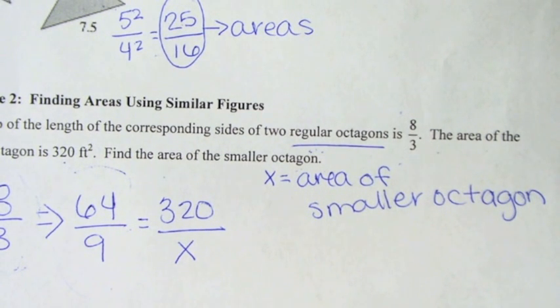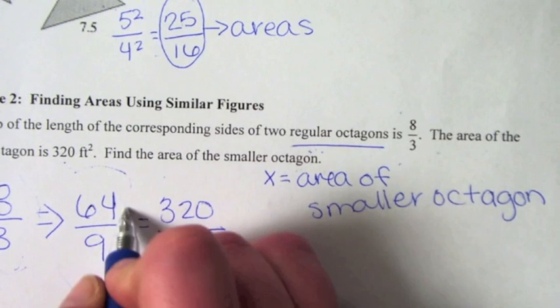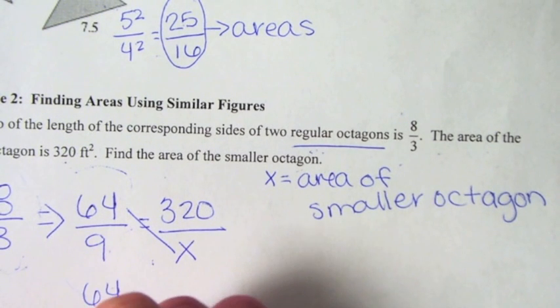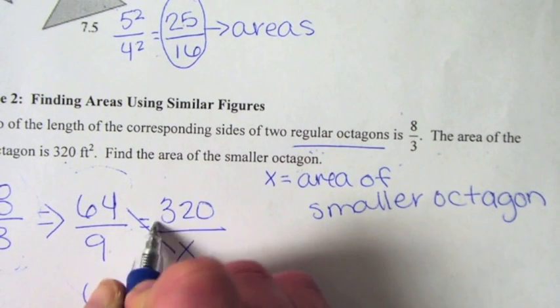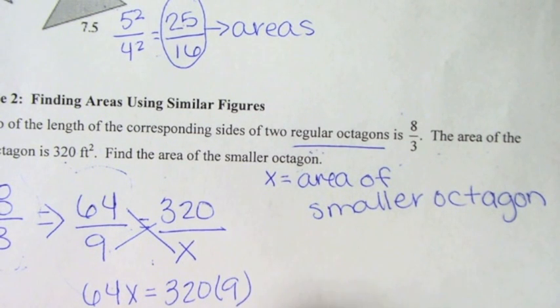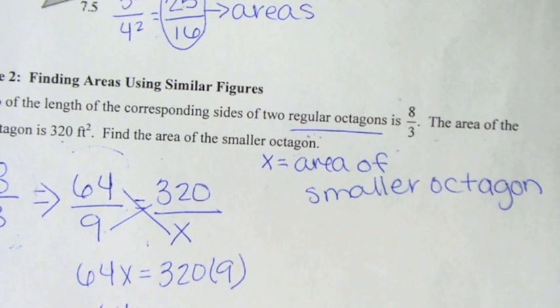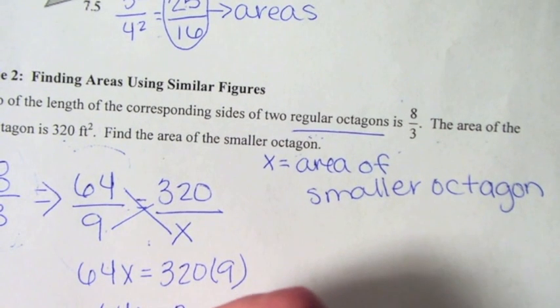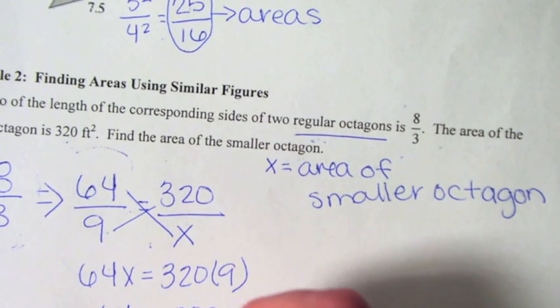Okay, now we just want to solve for x. So how do you solve a proportion? Cross multiply and divide. So we are going to have 64x is equal to 320 times 9. 64x is going to be equal to 2,880.